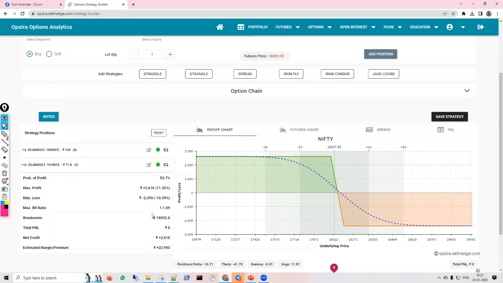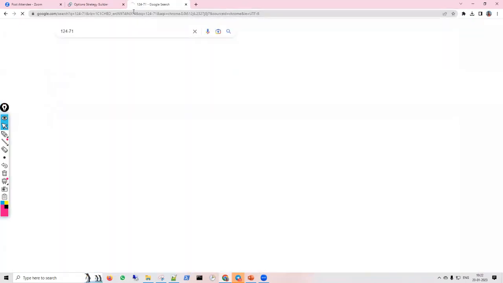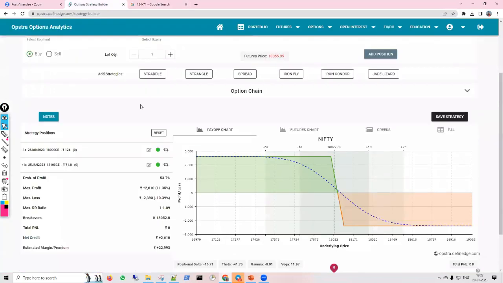Okay, net credit is nothing but 124 minus 71. That is the net credit. So net credit is 53 points. Okay. So that is what you're seeing as profit 2,600, and the max loss is 100 minus 53, that is 47 points. Okay, now I'm doing some adjustments.